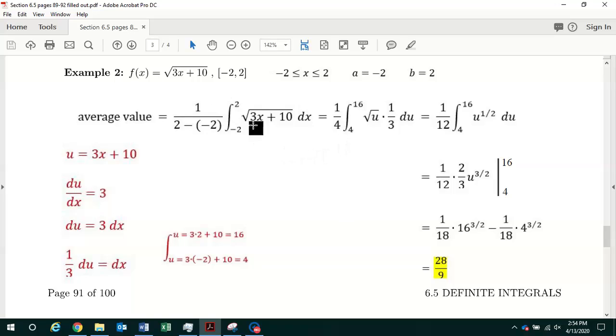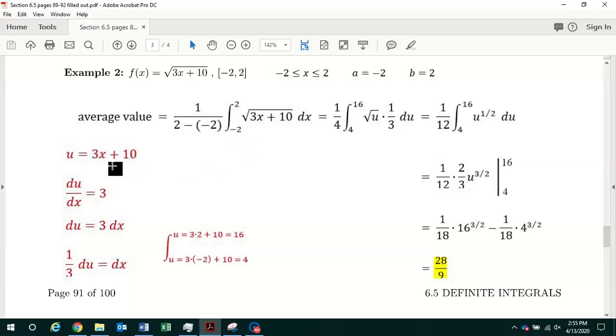And then we can replace 3x plus 10 in the radical with u, and we have the square root of u. And then we replace dx with 1/3 du. So we take the definite integral of the square root of u times 1/3 with respect to u. Now we've got to change the limits of integration for the variable u using our equation u equals 3x plus 10.